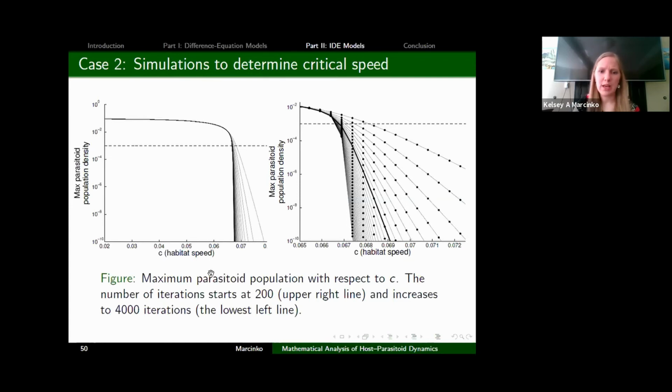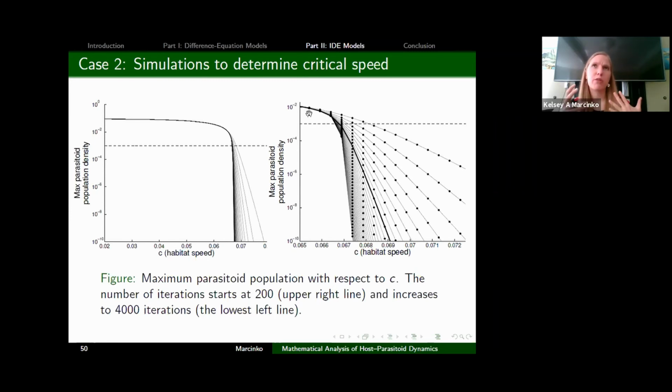If we zoom in around that drastic decrease, now we can kind of see the difference between the number of iterations. So this is after 200, 300, 400, 500, etc., down to 4,000 iterations. And so we can see that for this particular speed, there's a huge difference between the population after 200 iterations and after 4,000 iterations. If we move over here, there's essentially no difference between 200 and 4,000.